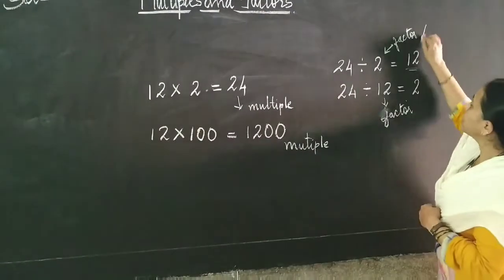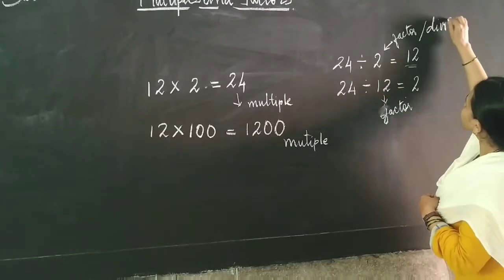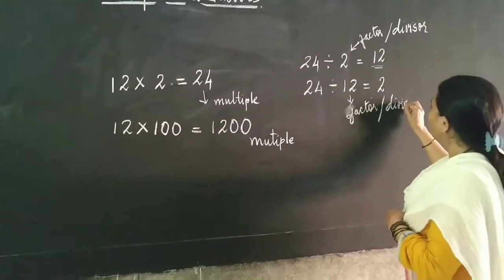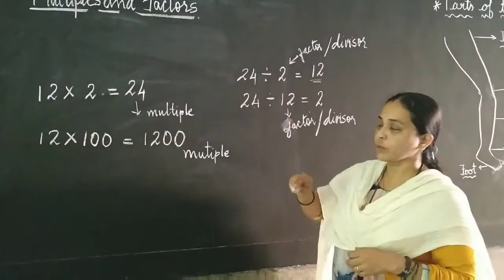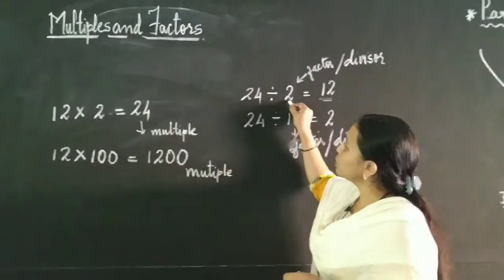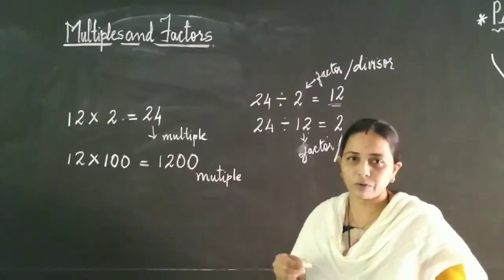Factor, or either we can call it a divisor. It becomes a divisor of 24. 12 is a divisor or the factor of 24. 2 is also the divisor or the factor of 24.